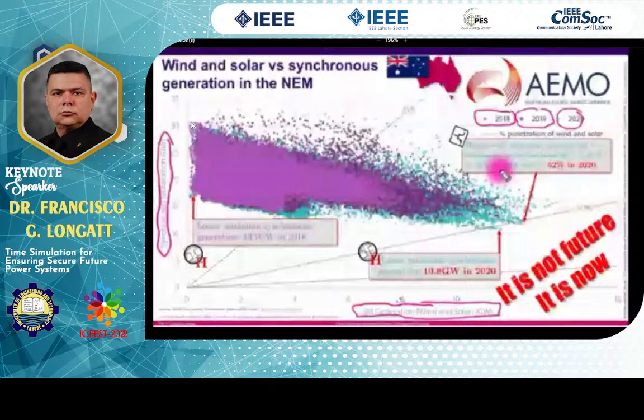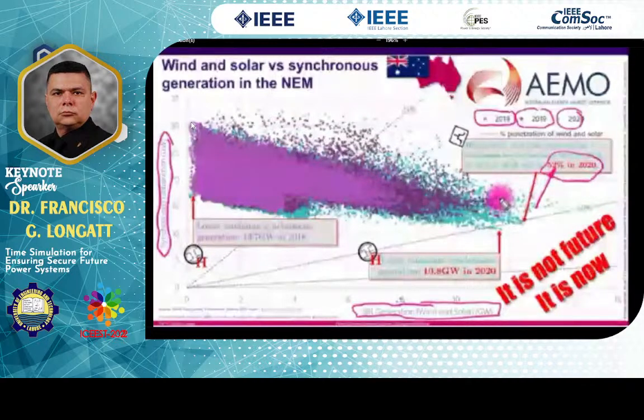As you can see, the maximum level rose from 38% in 2018 to 47% in 2019. And what is surprising is in 2020, this level reached 52%. And 52% is a very important number because 52% of generation coming from power converters means that power converters were the majority of the technology used for power production.